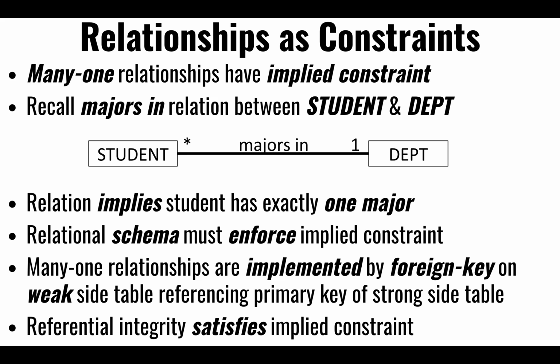Now, in a relational database, we can implement that by using foreign keys and primary keys, and by referential integrity. Referential integrity imposes a constraint that I can't, for instance, remove the department if I have a particular student associated to that department. So already the database gives me the support to implement this constraint.